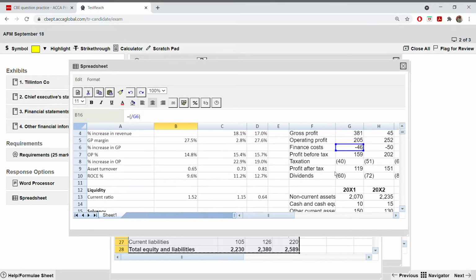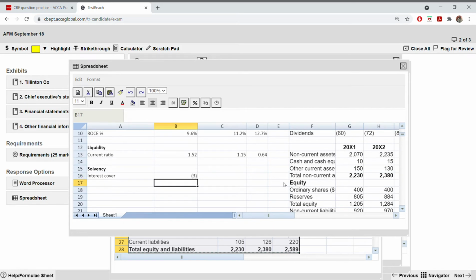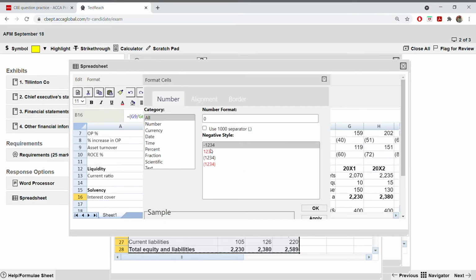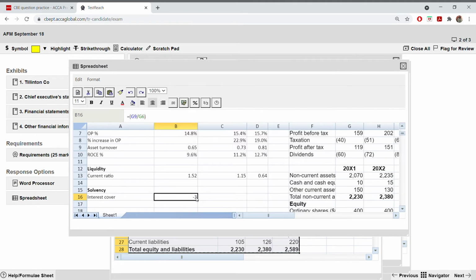We'll take profit after tax. No, it's format cells when taking this. Interest cover will not come in negative.